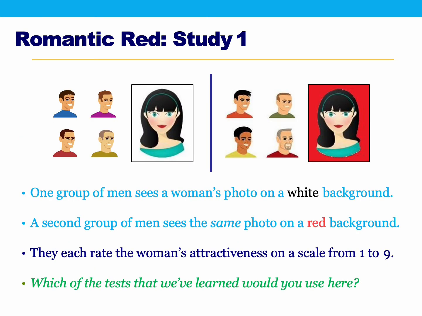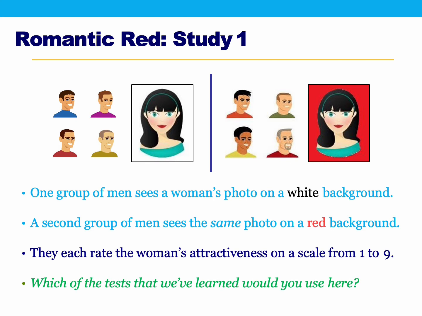All right, so let's consider this psychological study that was actually conducted. So this comes from an actual research article. In this particular study, one group of males saw a woman's photo on a white background, and a second group of males saw the same photo, so they saw a picture of the same woman, but they saw it on a red background.